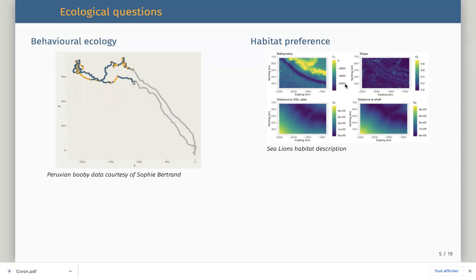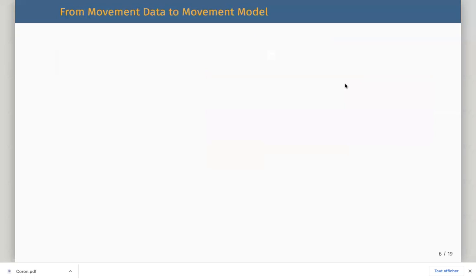Here it's a map of the slope of the bottom of the sea, the distance to some specific sites which are known to be very important for the sea lions, and the distance to the shelf, to the coast. These two are very similar. We would like to understand if the trajectory, or the spatial distribution of the sea lion density, is somehow linked to these habitat measurements.